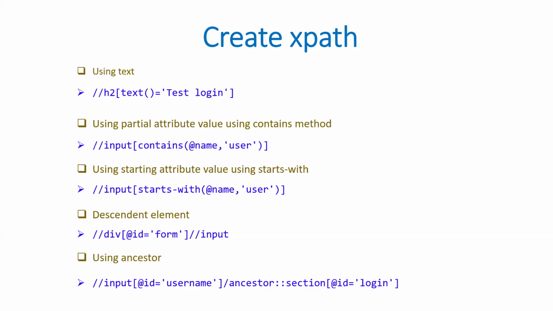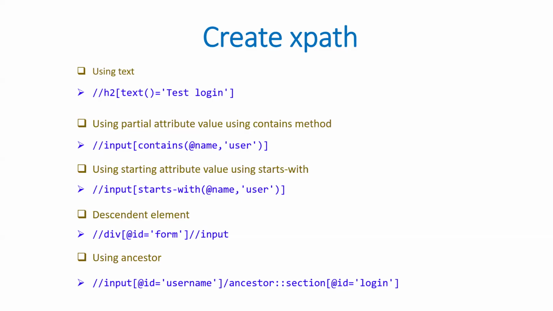Okay. And ancestor. Say this is the current element, the input element. After this input element, I want to find an ancestor of this input element. Ancestor means parents, grandparents.